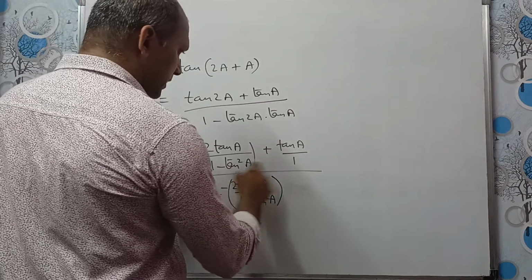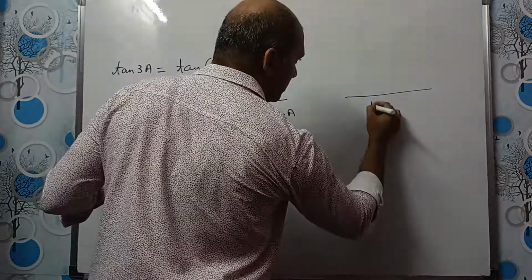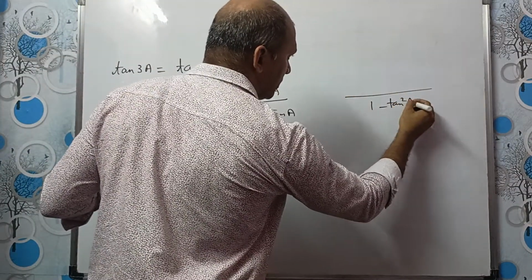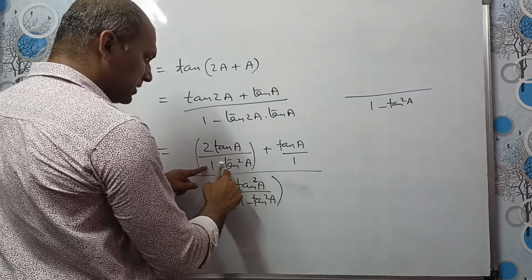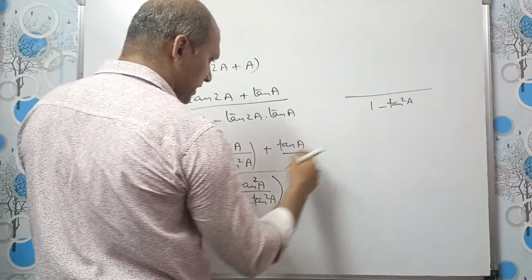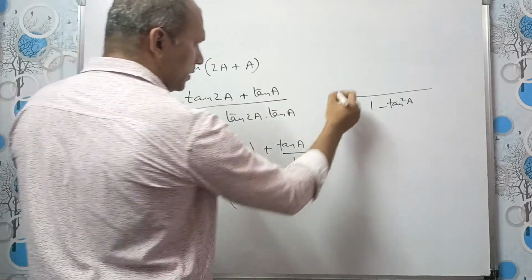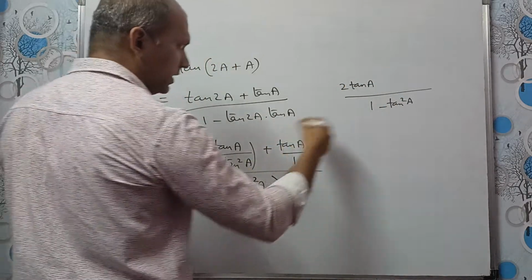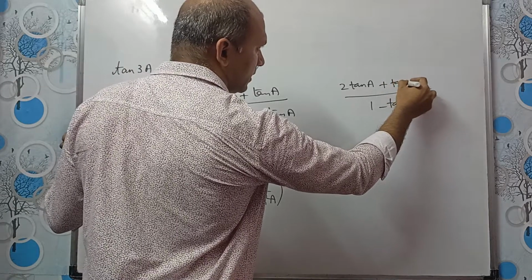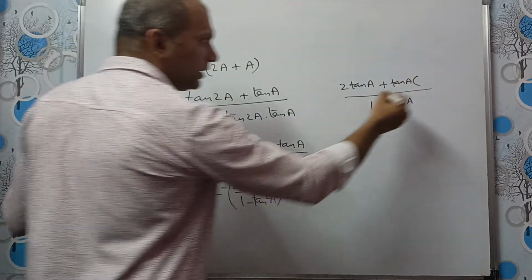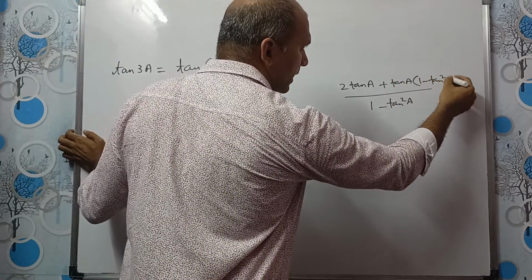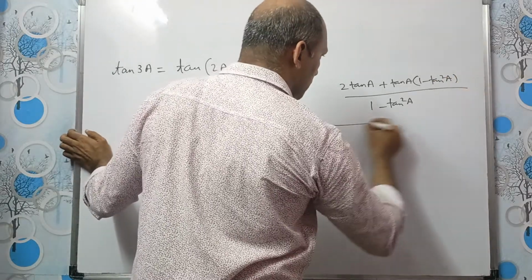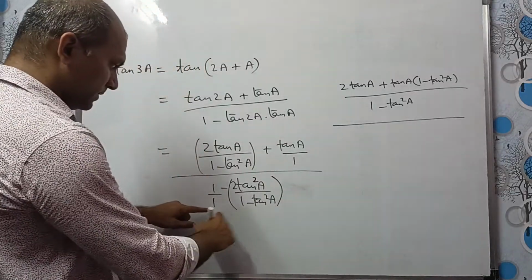Let us see, denominators are different, so we need to cross multiply. So 1 into 1 minus tan square A will become 1 minus tan square A, and cross multiply this, right? So we'll have 2 tan A plus tan A multiplied by 1 minus tan square A, whole divided by this.